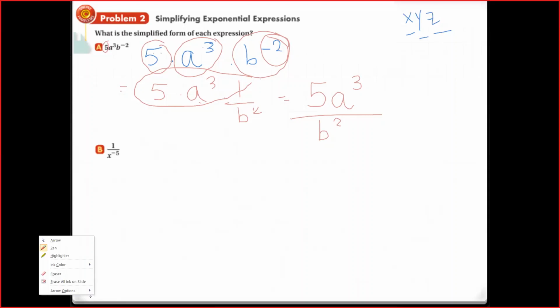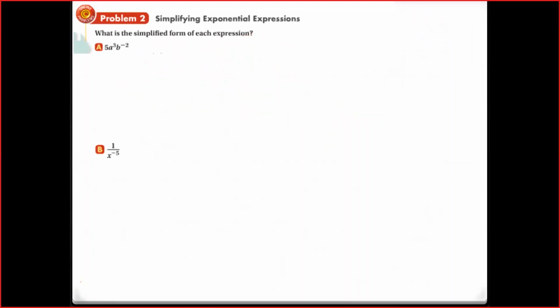Okay. Here we have 5a cubed times b to the power -2. I can expand it to be 5 multiplied by a cubed multiplied by b to the power -2.